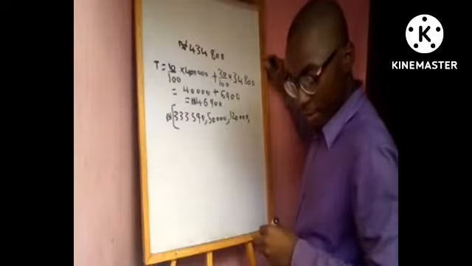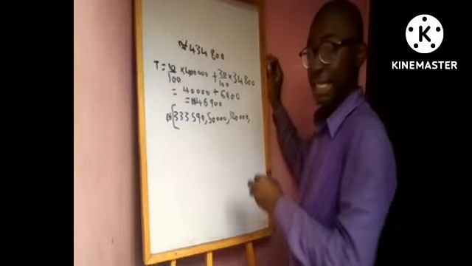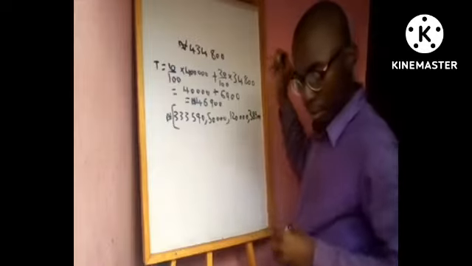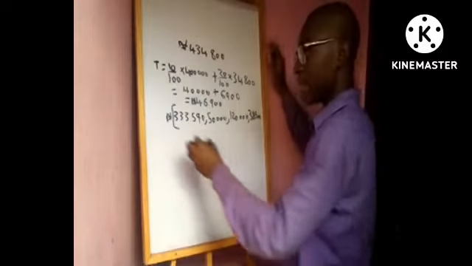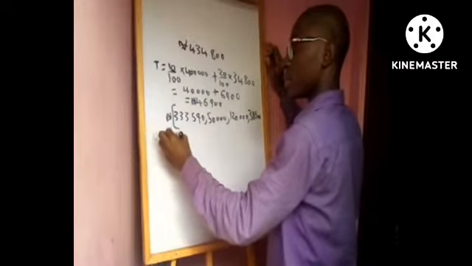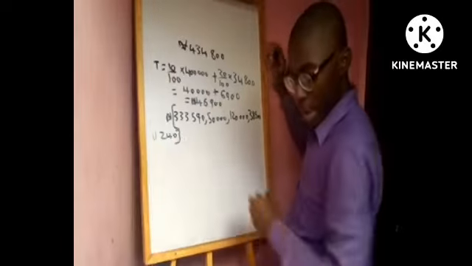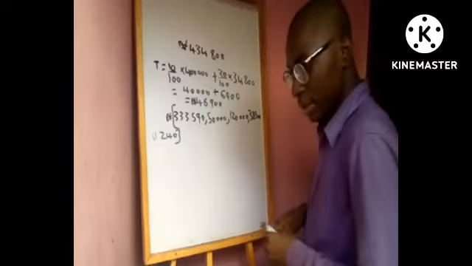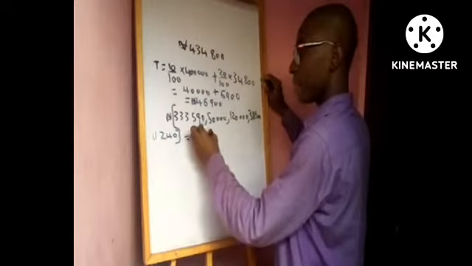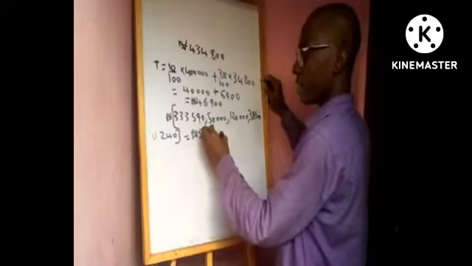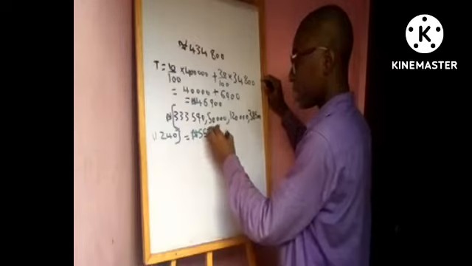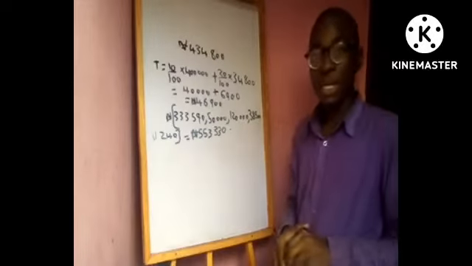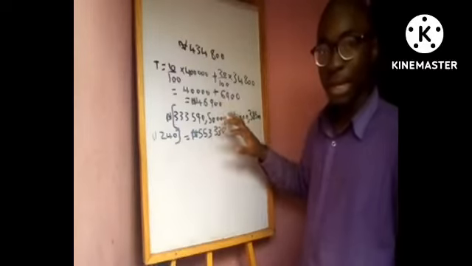Then for the dependent relative, he has 38,500. Next, the insurance allowance is 11,240. The total allowance is 553,330 naira.